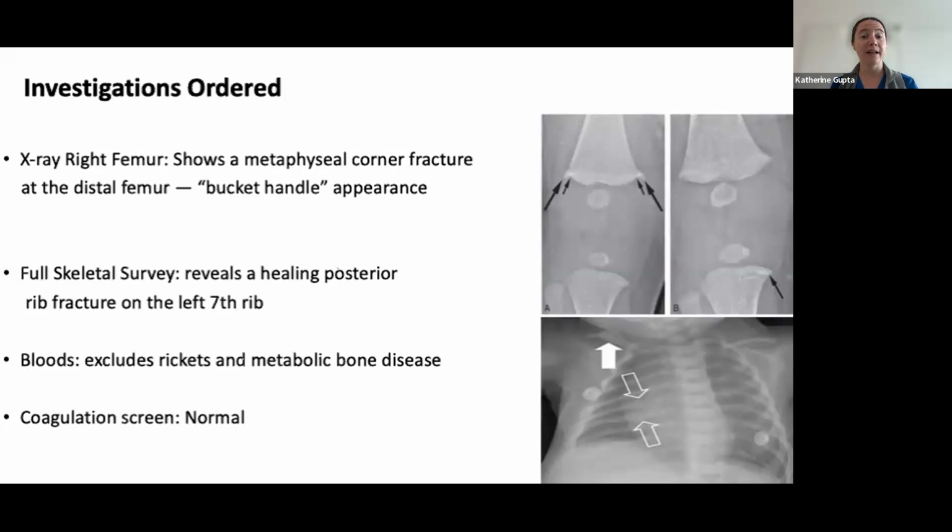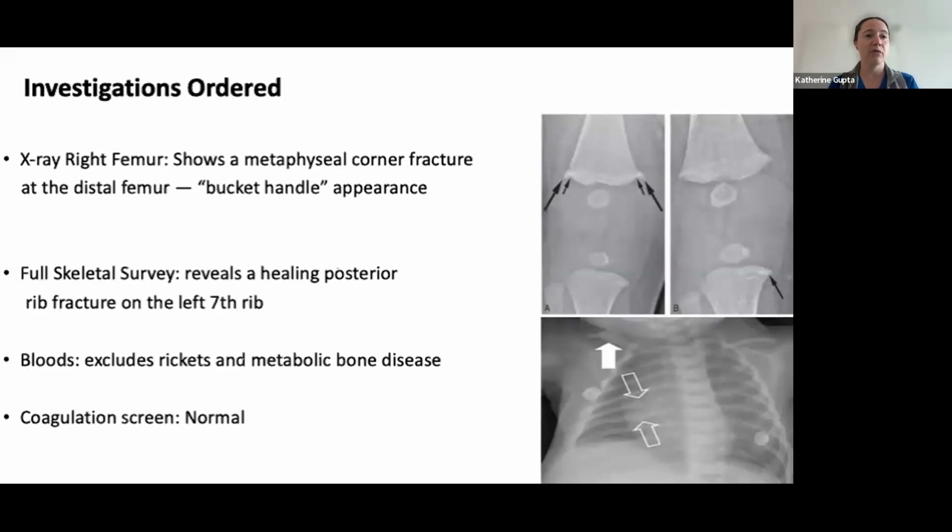So you obtain a full skeletal survey, and that shows a healing posterior rib fracture of the left 7th rib. Again, this is a very unusual accidental injury to obtain. And now you have 2 injuries on this child in 2 different stages of healing, which should raise many red flags for you. One of the things you could think about as well here would be, could there be a metabolic bone disease that's predisposing this child to fracture?